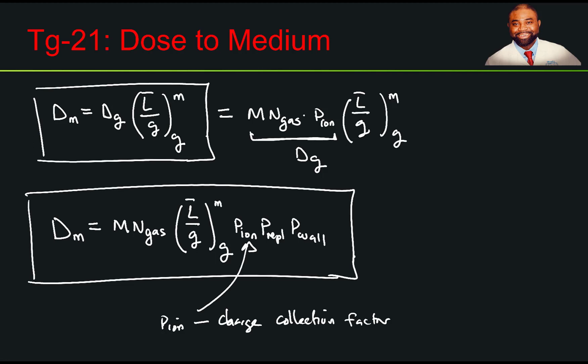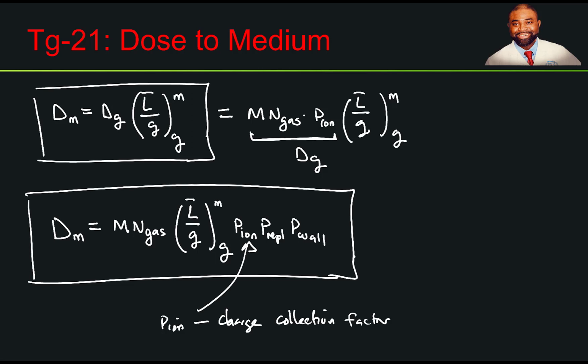There are a variety of ways by which P ion can be measured, but the thing that I want to mention here before I move forward is the fact that P ion actually varies with dose rate, it varies with the chamber geometry, it varies with the collecting voltage. Of course, as the voltage increases, it decreases the probability of ion recombination. And really, P ion must be established for each calibration situation.